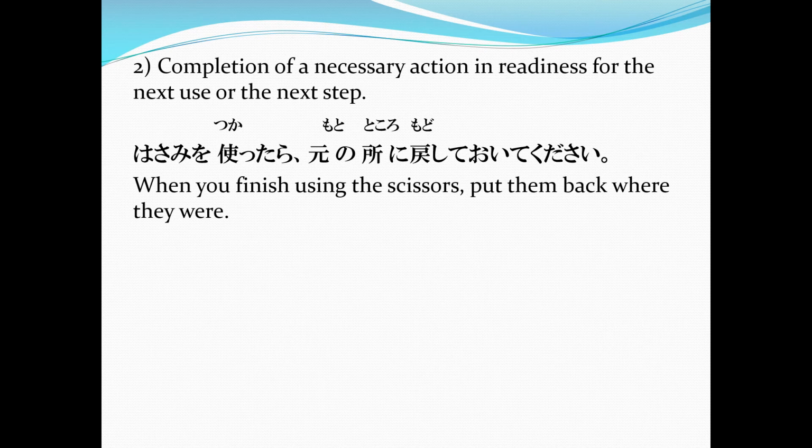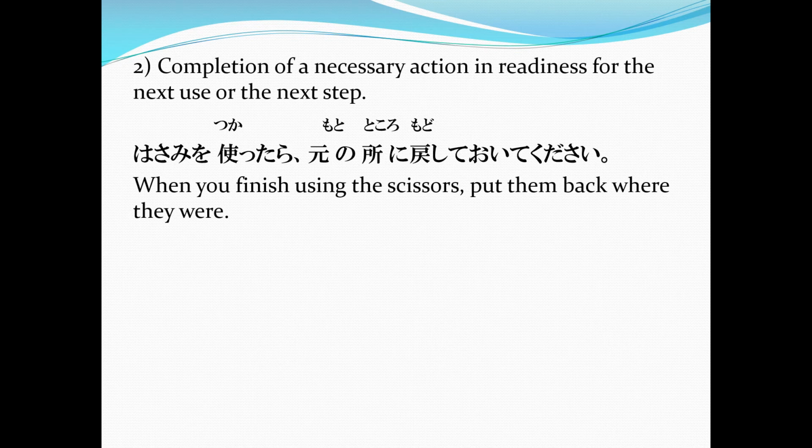Again, Hasami o tsukattara moto no tokoro ni modoshite oite kudasai. Or when you finish using the scissors, put them back where they were. Maybe so that whenever we want to use the scissors again, we know where we can find it. Okay, in preparation for the next use or for the next step.